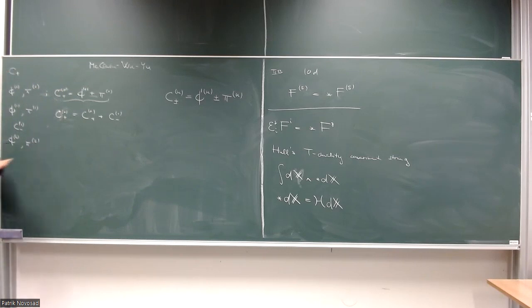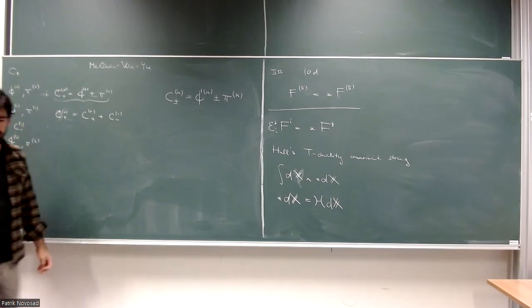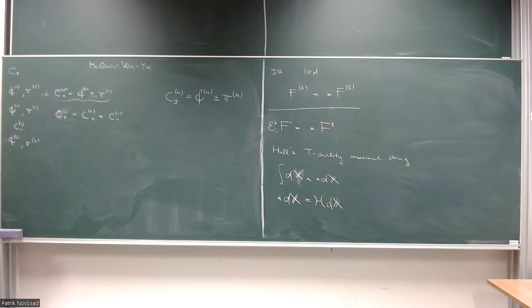This is constructed from scratch, and then you can write a model which looks a little horrible because it has infinitely many fields, but it has just first class constraints, and you can maybe see it in the paper because it's just a little ugly.